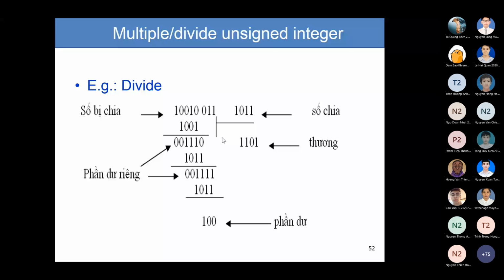So for example here, we divide this one. I think this example has some typo. Okay, so we divide 100100011 by 1011. First, this one has 4 digits. First of all, we take 4 digits, but this is smaller than this one, so we need to take 5 digits.